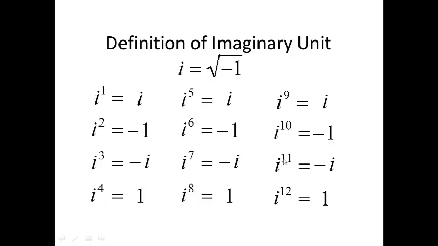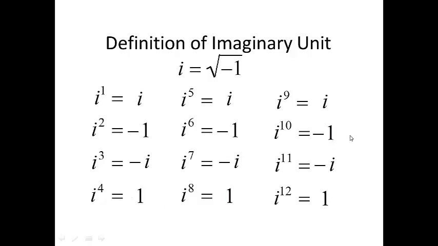And if you take 11 and you divide by 4, it goes into 11 twice with 3 left over. 10 divided by 4 goes in there twice with a remainder of 2. So you can take any exponent divided by 4, and whatever the remainder is, it will be one of these.